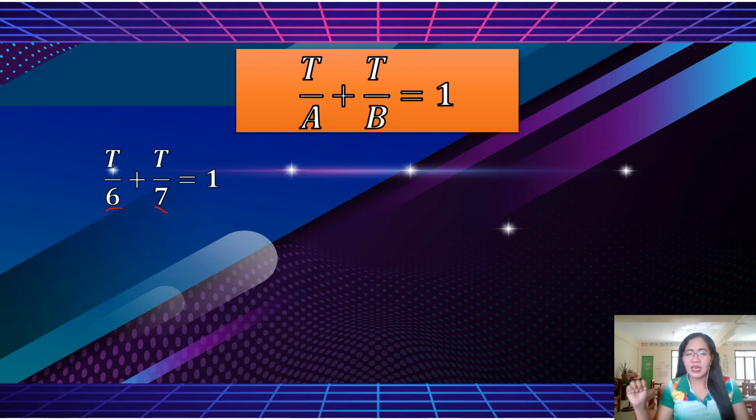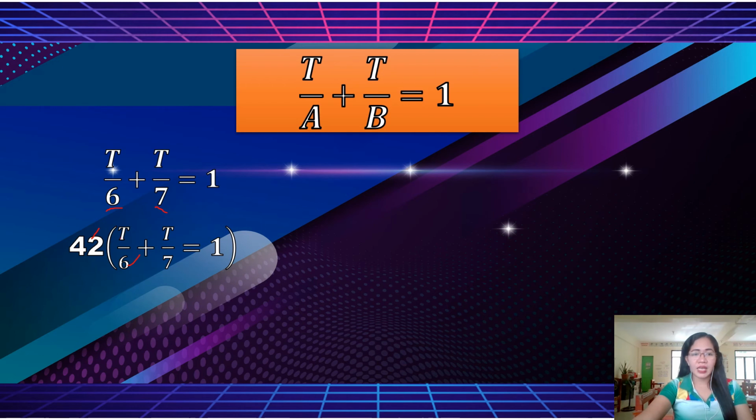Whatever the LCD is, you're going to multiply it to both sides. Next, you're going to distribute the LCD, or you'll just do it like this. A shorter way: 42 divided by 6 is 7. 7 times t is 7t.